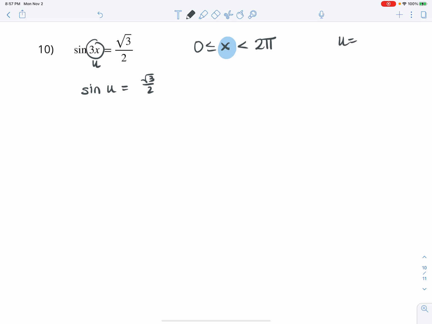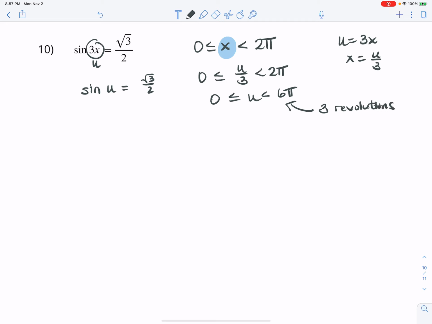So if u is equal to 3x, that means x is equal to u over 3. So this means that u over 3 is trapped between 0 and 2 pi, which means u is between 0 and 6 pi. And that 6 pi means 3 revolutions of solutions.